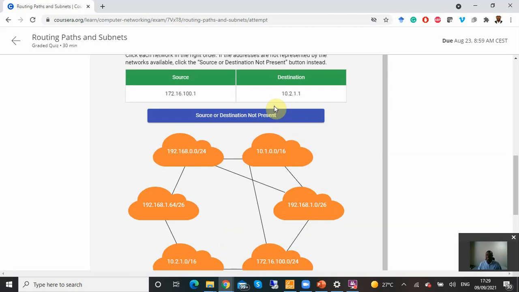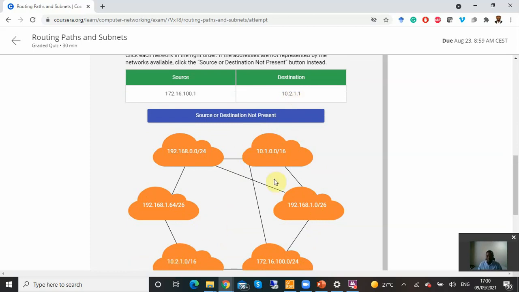Now, let's take a look at the destination. Network ID, 10, 10, 10. First host ID, 2, 2. They correspond.